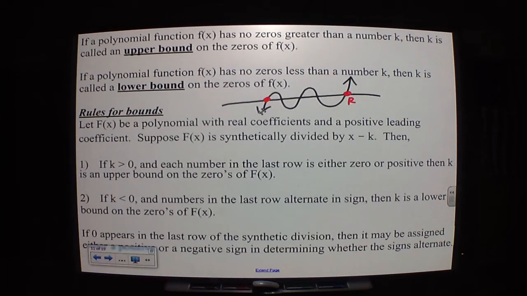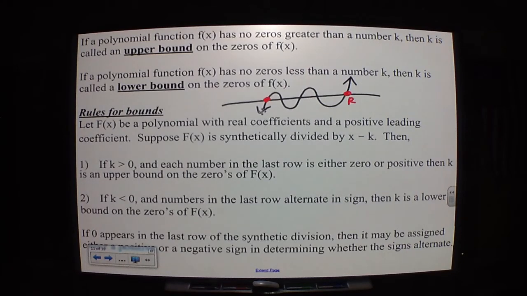f of x is a polynomial with real coefficients and a positive leading coefficient. Suppose f of x is synthetically divided by x minus k, then if k is greater than 0 and each number in that last row of synthetic division is a 0 or a positive, then k will be an upper bound.